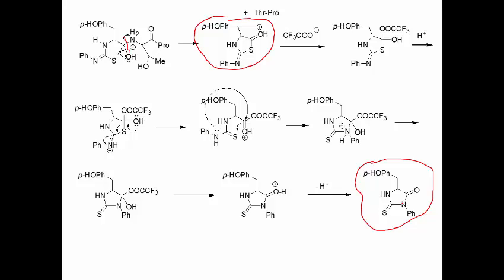Okay, so when we cleave it, we make this compound right here initially, probably just as the oxygen. Under mild conditions, you can probably isolate something like this, but this is usually done under relatively harsh conditions, and you end up with this structure right here.